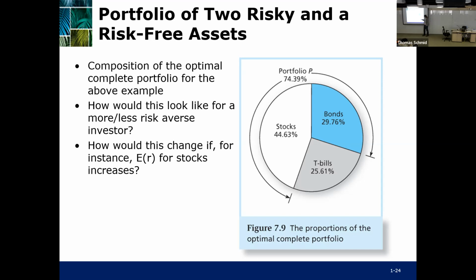Of course, if expected returns or some other market-wide factors change, if the covariance between stocks and bonds, the correlation, if something like that changes, then everything changes. And the optimal risky portfolio changes, and we have to do everything from zero.